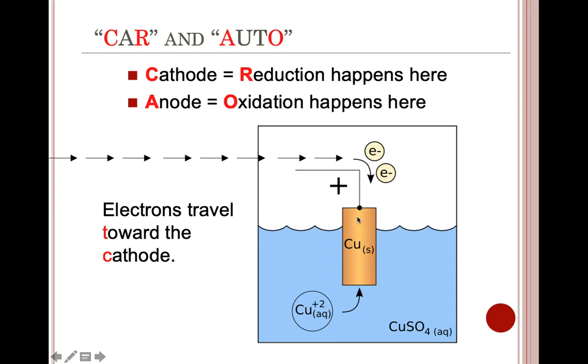So reduction is happening here at the cathode. The mass of the copper is increasing, but not because we've added 2 electrons to it. The mass of the copper is increasing because the copper 2 ion is being reduced into copper solid.